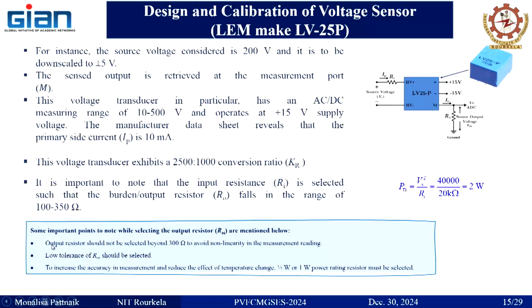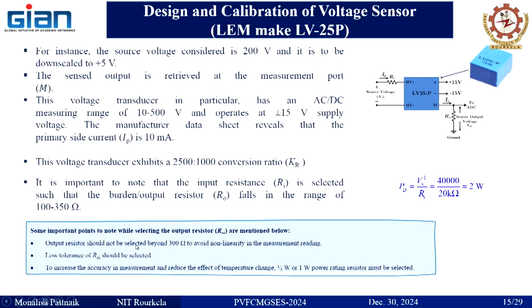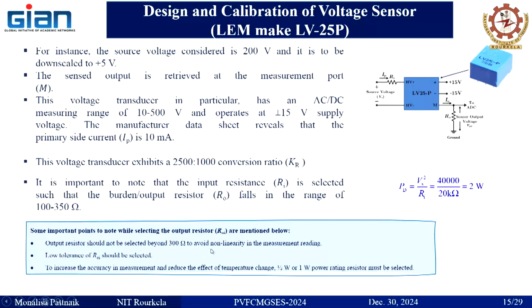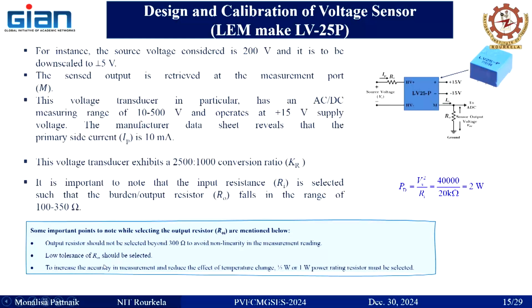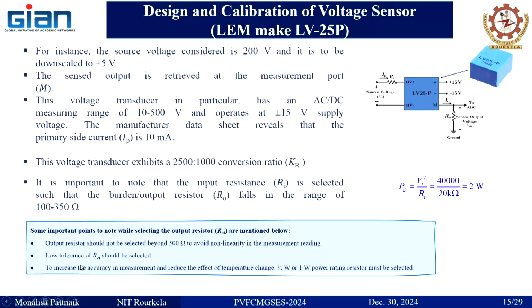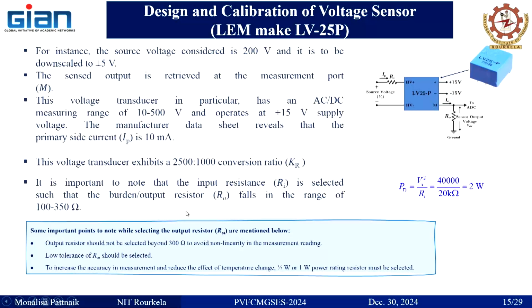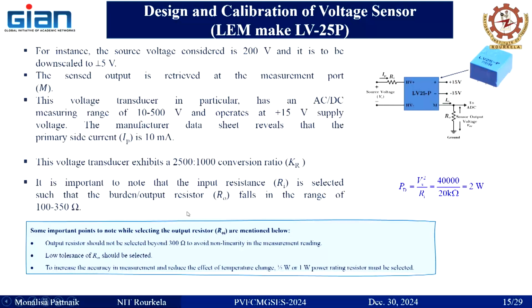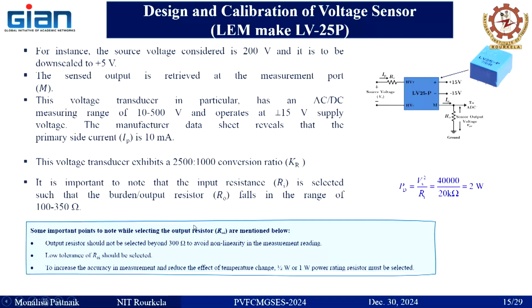Here also are some points to be noted: the output resistor should not be selected beyond 300 ohm to avoid non-linearity, and to increase the accuracy, we consider the maximum power dissipated here as half watt to 1 watt maximum.